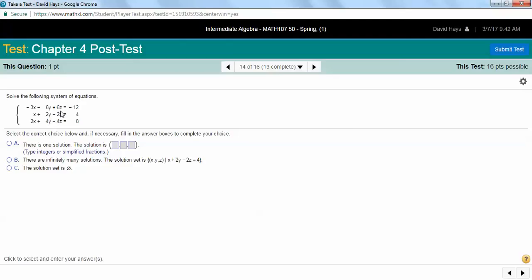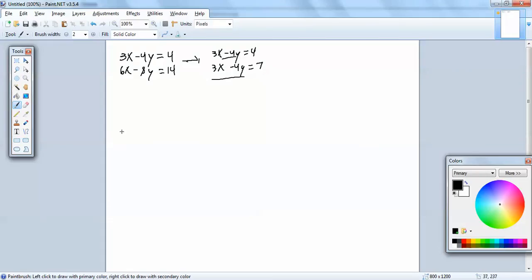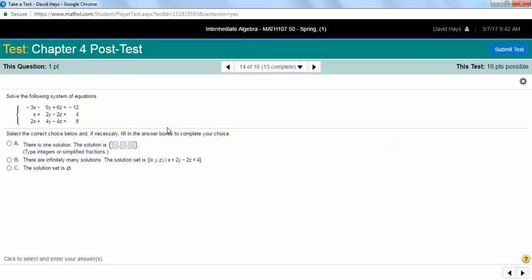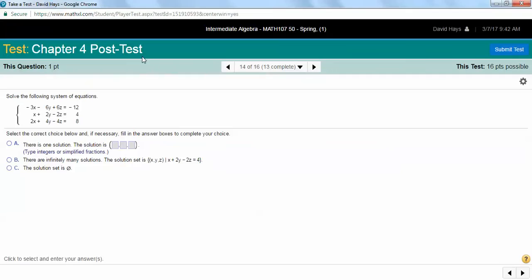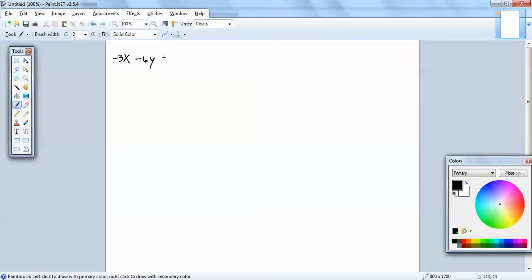Okay, 14. This may be another bizarre one. Okay, so let me clear this off. And then we got negative 3x minus 6y plus 6z is equal to negative 12.